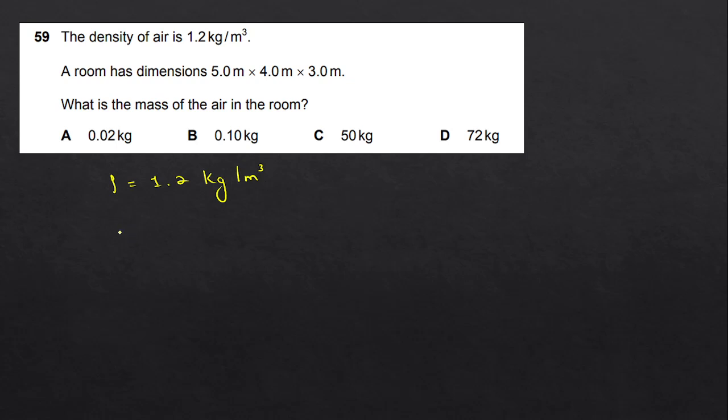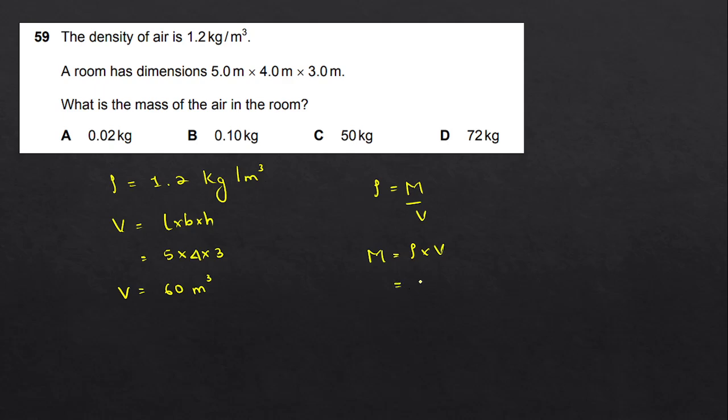So we need the volume. Volume is simply given by length times breadth times height. So 5 times 4 times 3. So 5 times 4 is 20, 20 times 3 is 60. So 60 meter cube is the volume, and from the formula density equals mass by volume, we'll write mass equals density times volume.